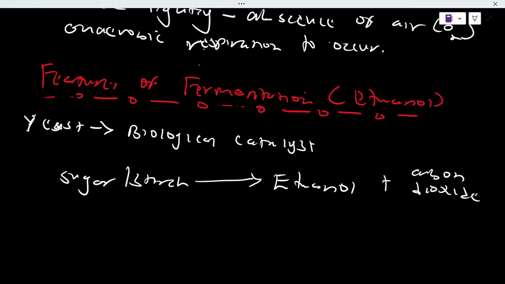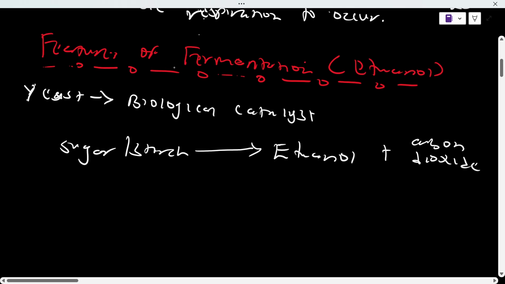Now, because we are working with yeast, and yeast is more like living cells, apart from understanding yeast as a biological catalyst, what are the key features or conditions under which this reaction can really occur?